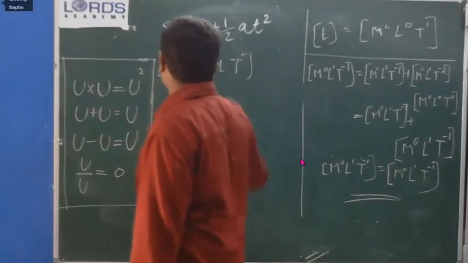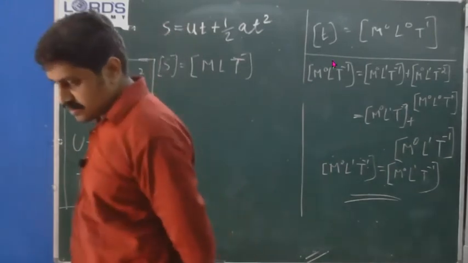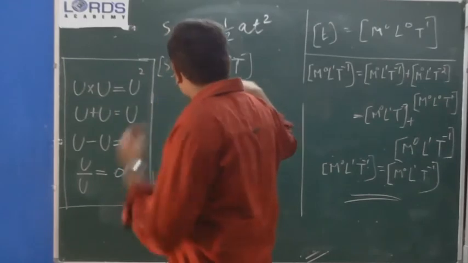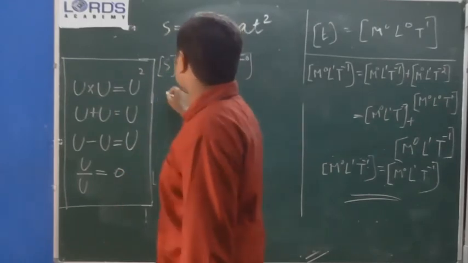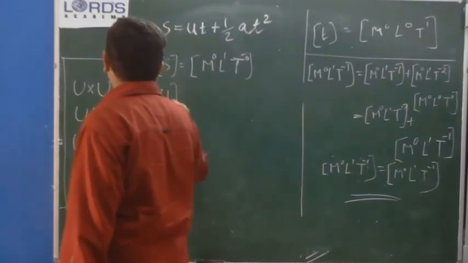M raised to 0, L raised to 1, T raised to 0. Okay, what is the next term? U. What's the dimension formula of U?